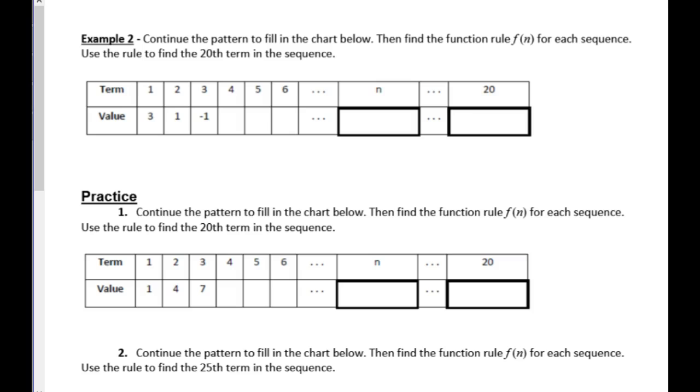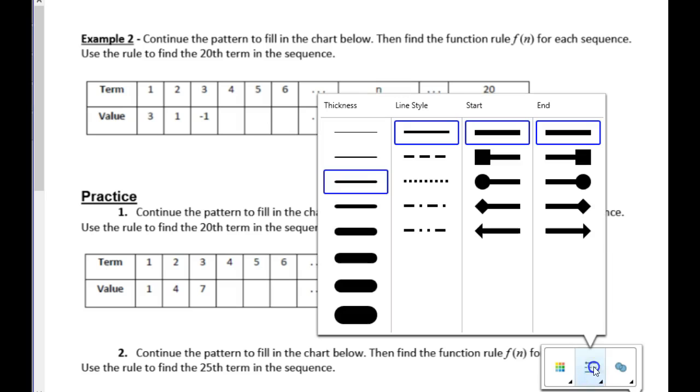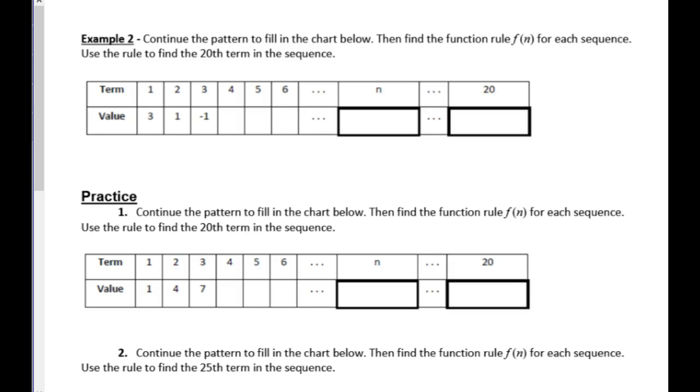Example 2, okay? It's going to be same stuff, a little bit different each time, but first thing, what do? Okay, we can find the difference. 3 down to 1 is what? Okay, everyone with me?